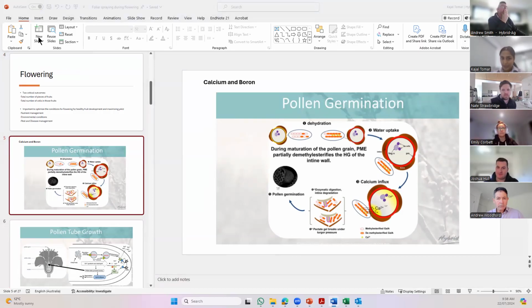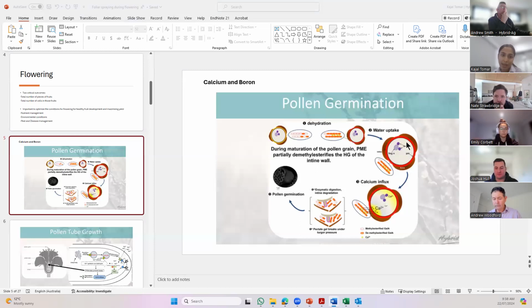This slide demonstrates the role of calcium early in pollen germination. To achieve any outcome from flowering, we need to achieve optimal pollen germination. Once the pollen is released from the anther, it lands on the stigma, and the stigma starts to swell.